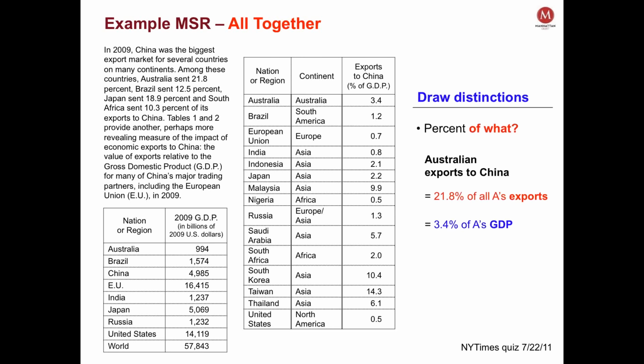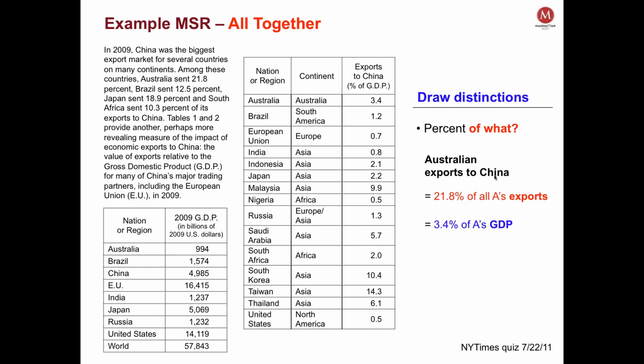Now, the other thing that's really important, a lot of these problems are percent problems. A ton of fraction, decimal, and percent problems in these MSRs, and that's because a lot of data involves calculating fractions or percents. So we're looking at percent of GDP. You always want to be thinking percent of what, though, right?